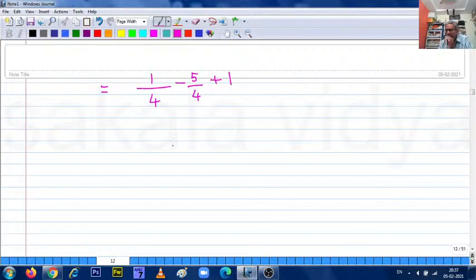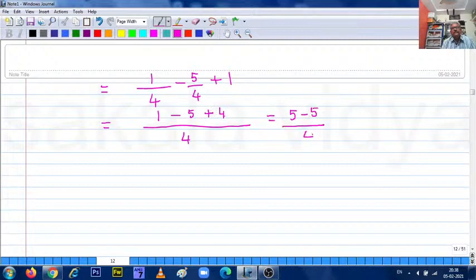Next take the LCM. 4 is the LCM. 4 divided by 4 is 1, 4 divided by 4 is minus 5, 4 times 1 is 4. So 4 plus 1 is 5. 5 minus 5 upon 4. So 0 by 4. 0 by something is 0.